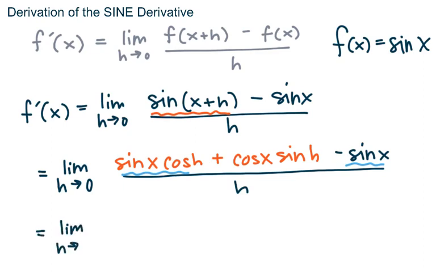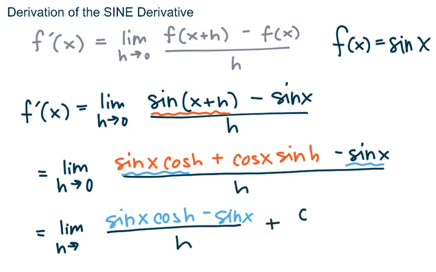I'm going to rewrite this as the sine of x times the cosine of h minus the sine of x. So those come together over h, and then I would still have plus the cosine of x times the sine of h over h.